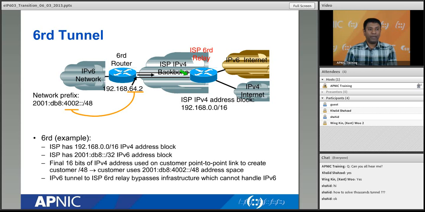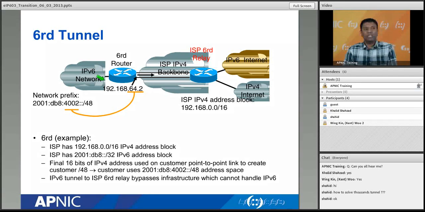Then what will happen? From here, when they create the tunnel, they will see the tunnel destination is already inbuilt in the site address, from bit 32 up to 48. 16 bits already inbuilt. So they'll take the 16 bits out from that encapsulated address, and then they'll use that as a tunnel destination from the relay server up to the other side.